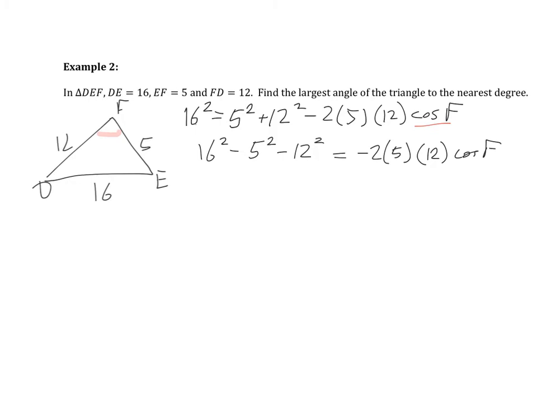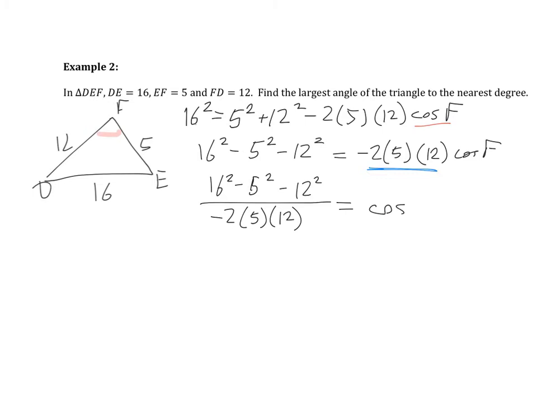Now I need to divide both sides by this amount, negative 2 times 5 times 12. Once again, I'm treating these without simplifying them so we can make this into a general rule. So what we're going to have here is 16 squared minus 5 squared minus 12 squared, divided by negative 2 times 5 times 12.